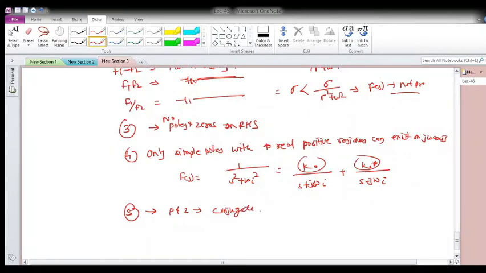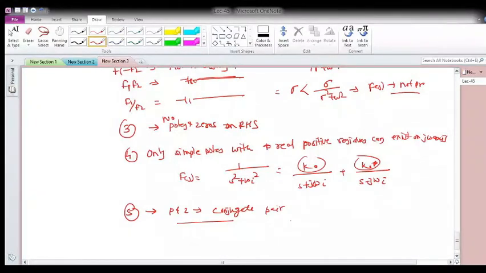Why is it? Because as we know, the poles and zeros of a network function are functions of the elements in the network, or in the circuit, and as the elements themselves are real, there cannot be complex poles or zeros without conjugates.